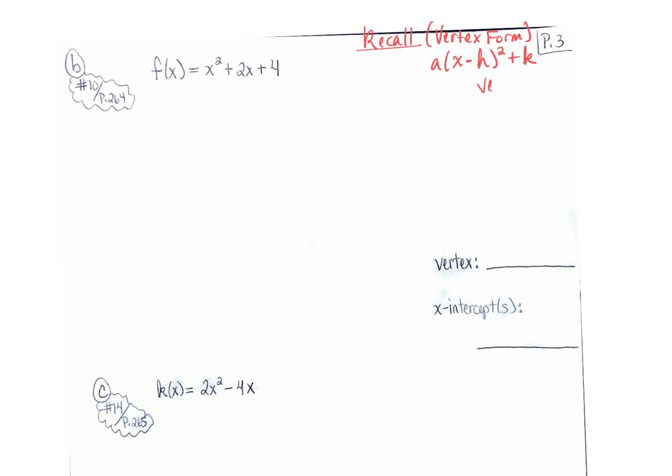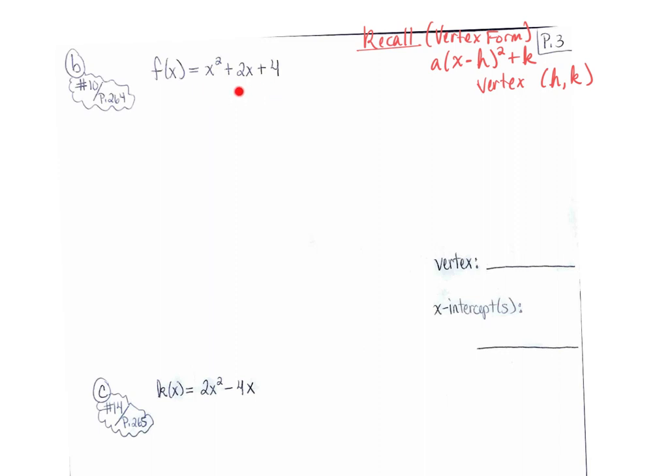And so our vertex here would be h comma k. But when we look at f of x, is it already in vertex form? No, absolutely correct. It's not.